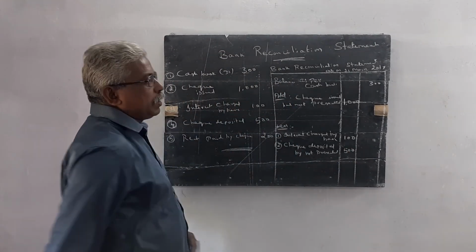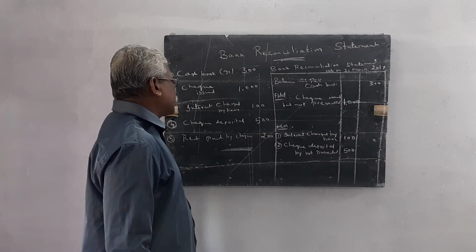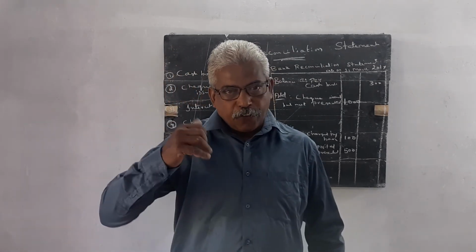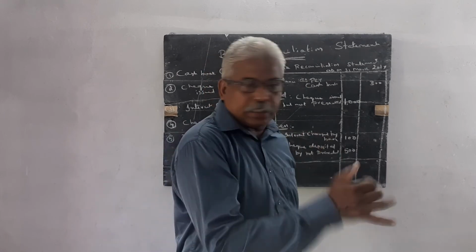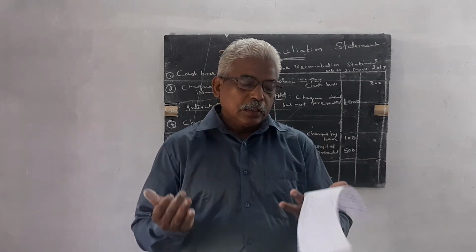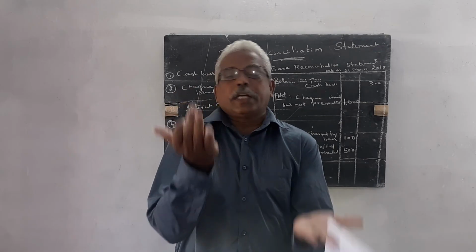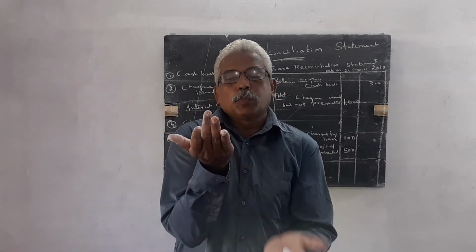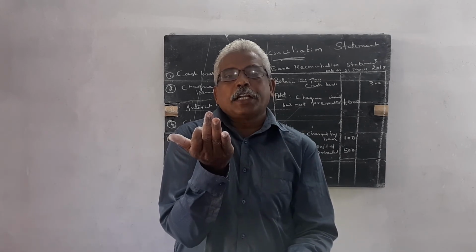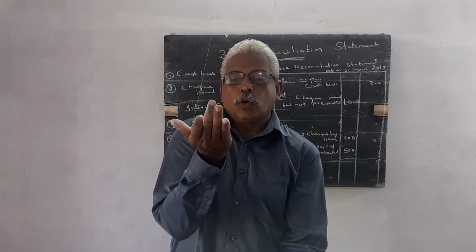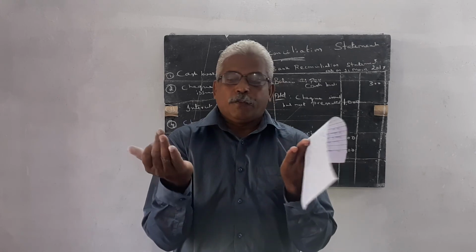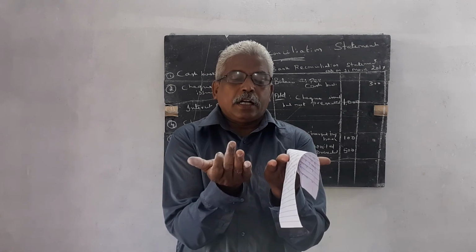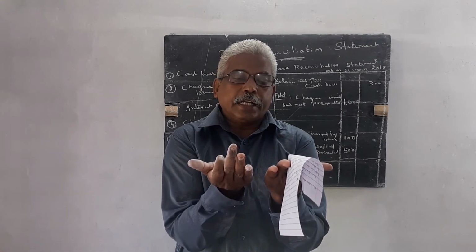Then rent paid by bank as per the standing instruction. So the bank paid the rent on our behalf. Bank remitted our rent amount. So we have two books, cash book and passbook. One expenditure is entered in the passbook. This information is not entered in the cash book. So passbook shows a low value. Once again, we have cash book and passbook. One unfavorable item is entered in the passbook.